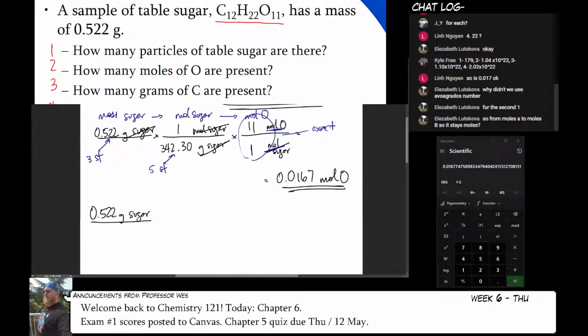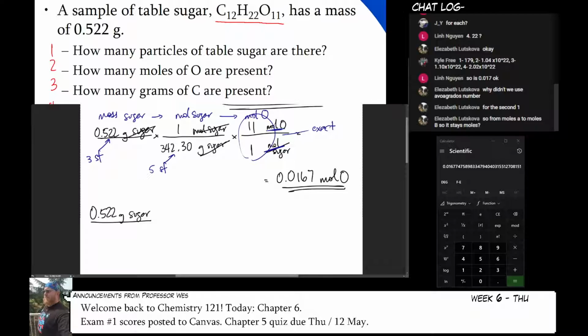So if you aren't writing out your units every time, you're going to get stuck. So make sure that you are writing out your units like I am. I don't write out these units just because I'm the instructor and I have to. I write it out because it's how you solve the problem. I am literally showing you the easiest way to solve the problem, and if you take any shortcut, it is at your own peril. So be real careful. Write out all the units every single time.